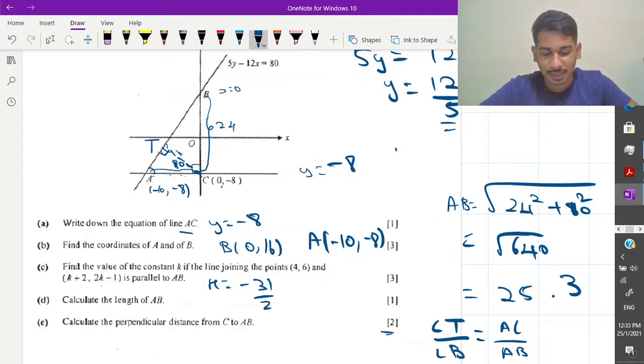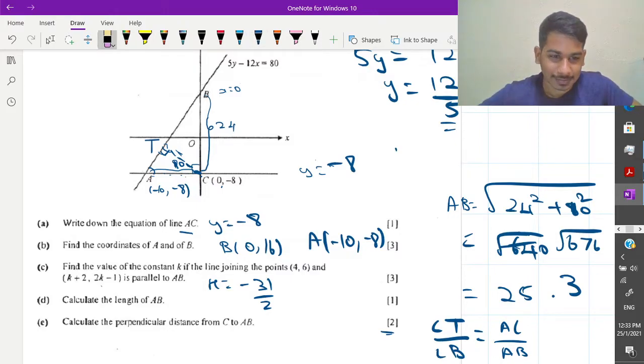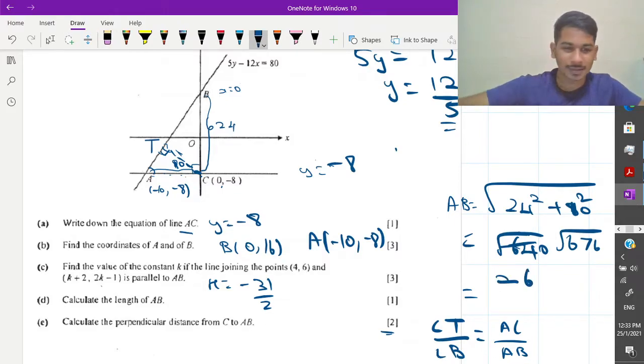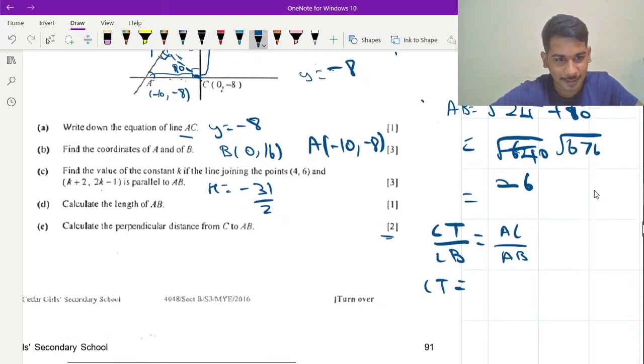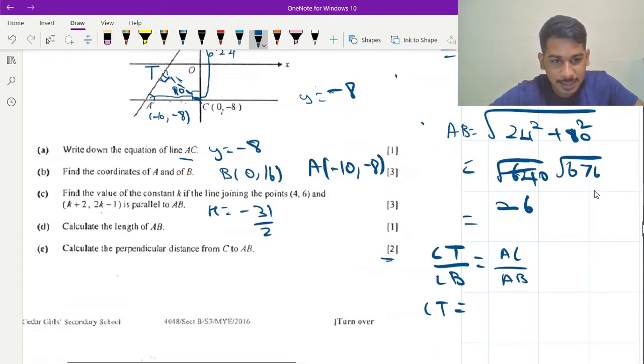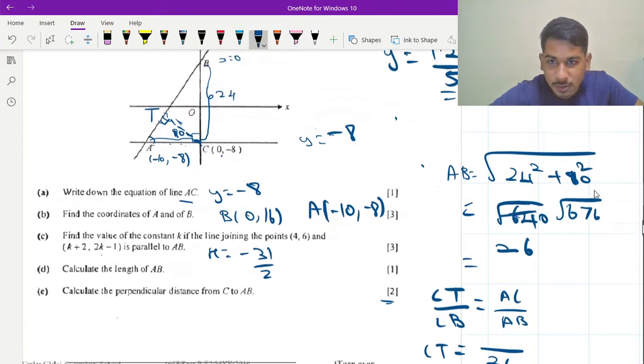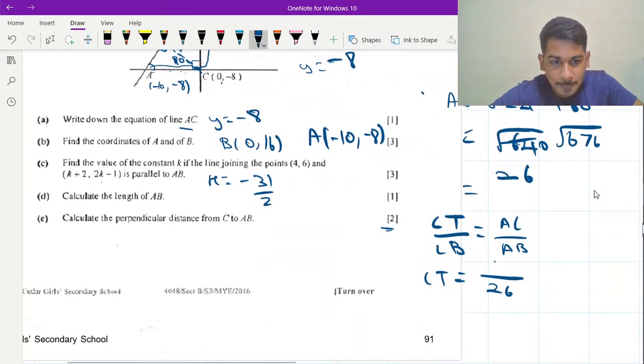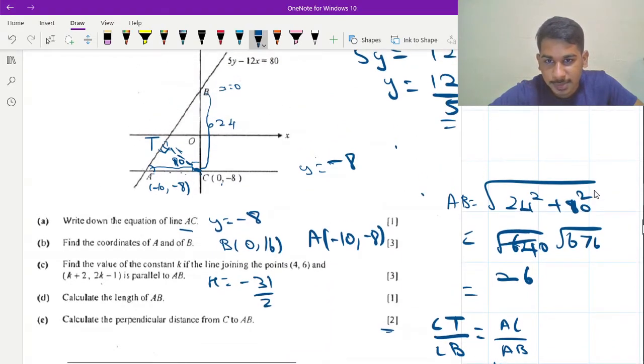676. Huh. Square root of 676. Wow, 26. You're going to get 26. Nicely set paper. Okay, so we know AB is 26. AC is 10, and CB is 24.